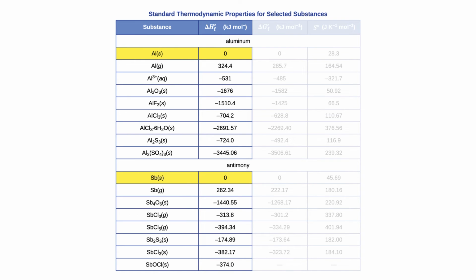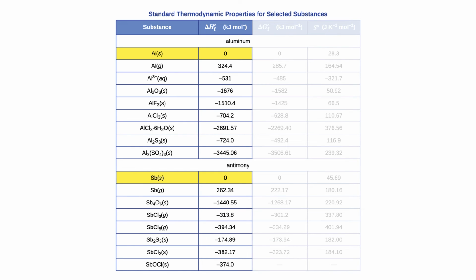And that should make sense because the standard enthalpy of formation is the enthalpy change for the formation of 1 mole of a substance from its elements in their standard states. And so if you're forming an element from that element, there's nothing happening there, and so the enthalpy change for that is 0.